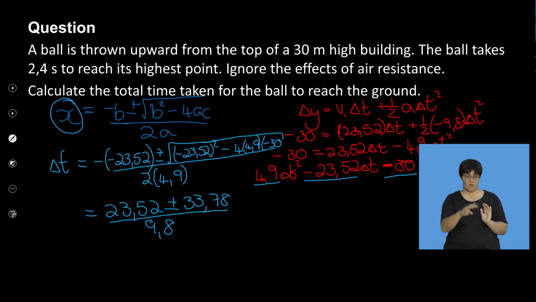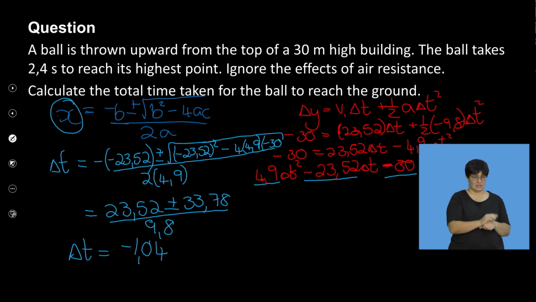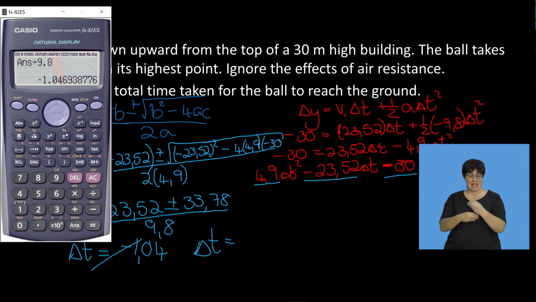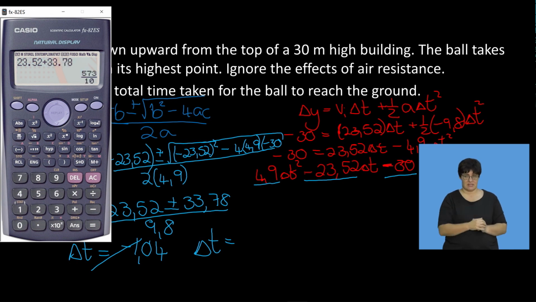So the first answer we could get is minus 1.04 seconds. Hopefully you'll recognize we can't have a negative time. That's silly. It's definitely not going to be that answer. Let's see what happens when we add them together. So we've got 23.52 plus 33.78 divided by 9.8, and we get 5.84.